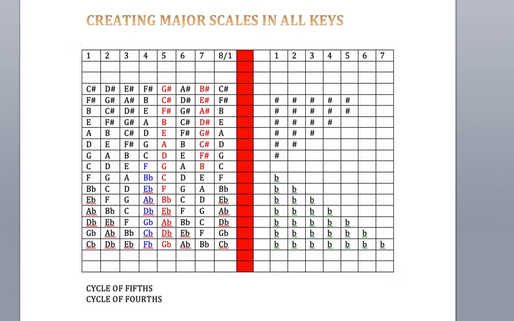And C sharp has 7 sharps: 1, 2, 3, 4, 5, 6, 7.